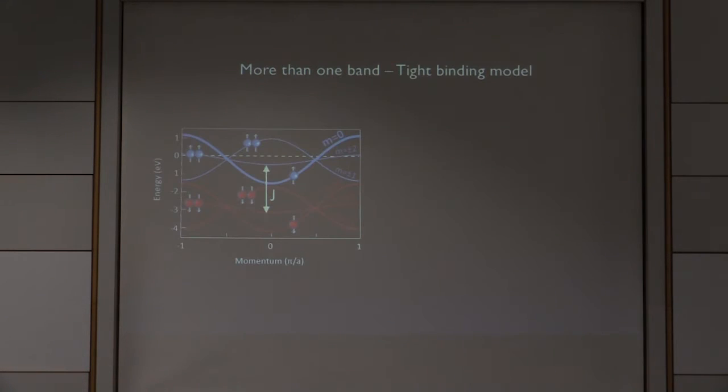One important thing to mention is that I gave you this cartoon for the case where you have one band, but this can actually work if you have many bands in your system, as long as the number of crossings of the Fermi level is odd.